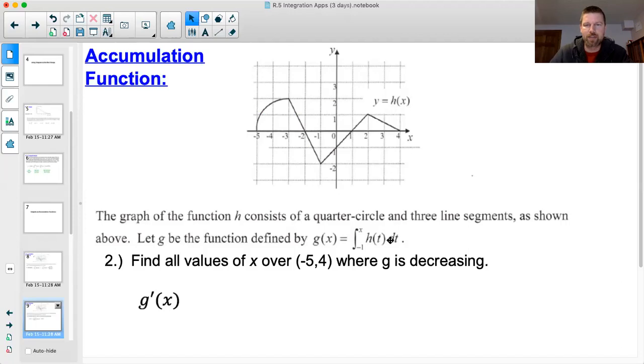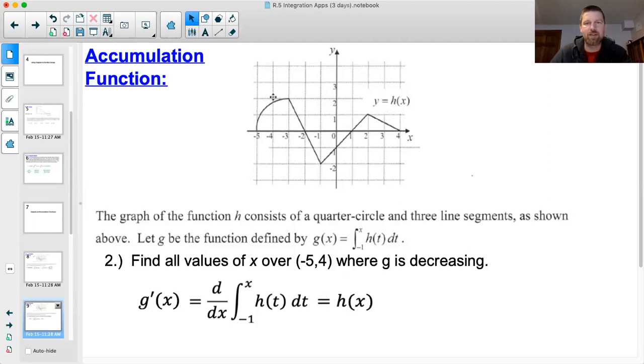Well, g of x is this function, so g prime is just the derivative of that function. We know this. That's our first fundamental theorem of calculus. If I have the derivative of an integral from some constant to x of h of t dt, that's just h of x. So when it asks find all values of x over which g is decreasing, it's really asking, hey, when is h negative? Because g is decreasing when g prime is negative, g prime is h, so this is just asking when h is negative.